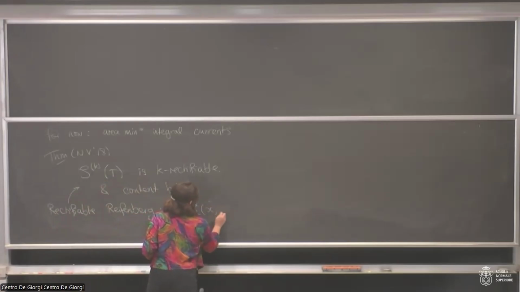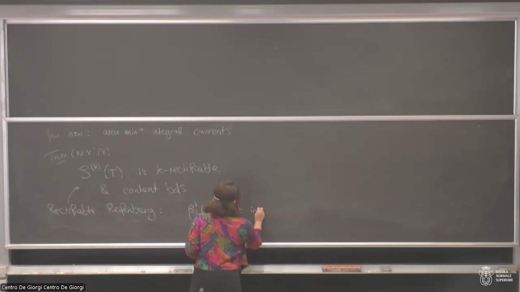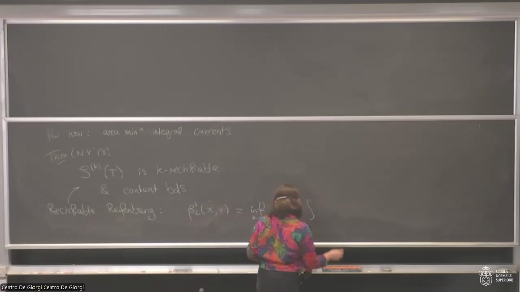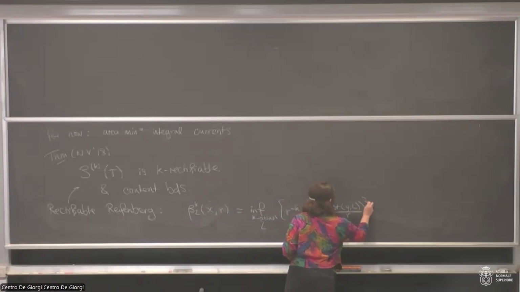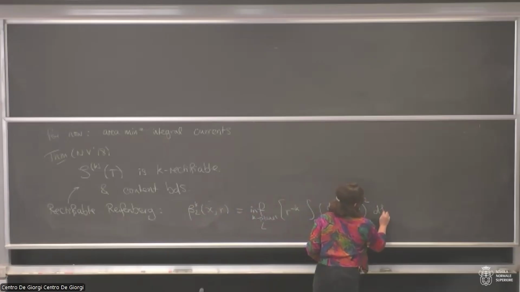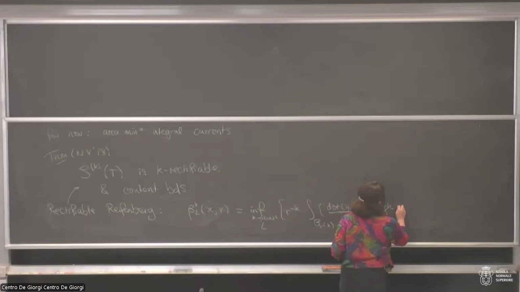So you look at a center point x and a scale R, and this is the infimum over all k-planes L of, with scaling, the distance to this plane over R squared, integrated over the ball of radius R. This is the beta 2 coefficient associated to, in this case, the k-dimensional Hausdorff measure sitting on this kth stratum.